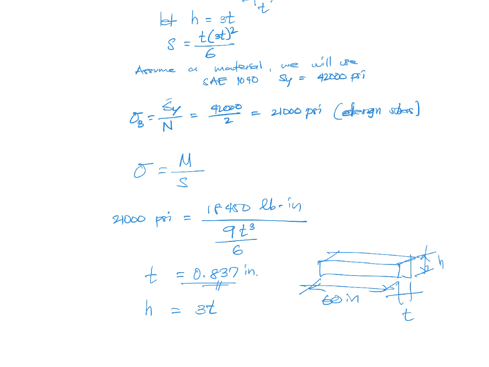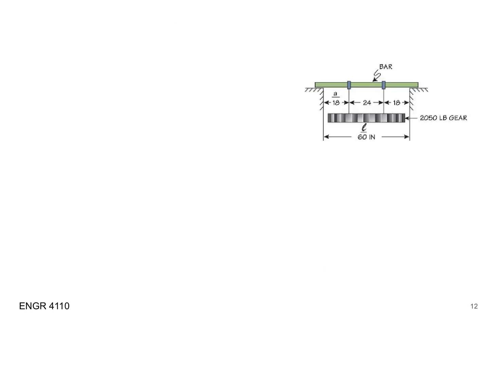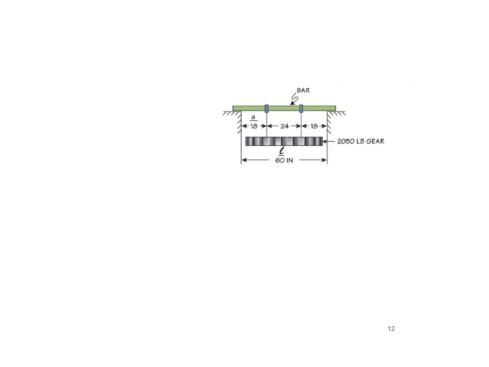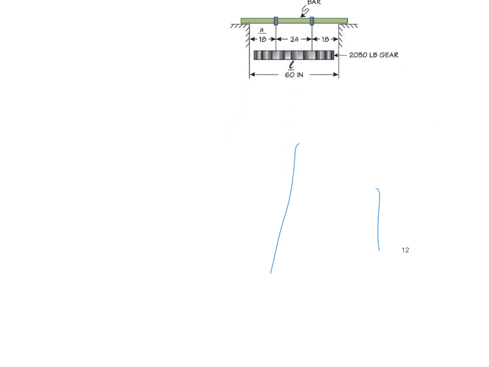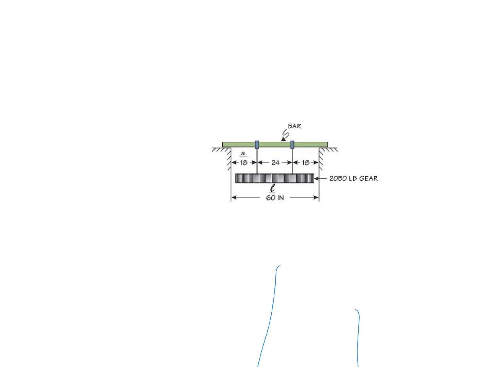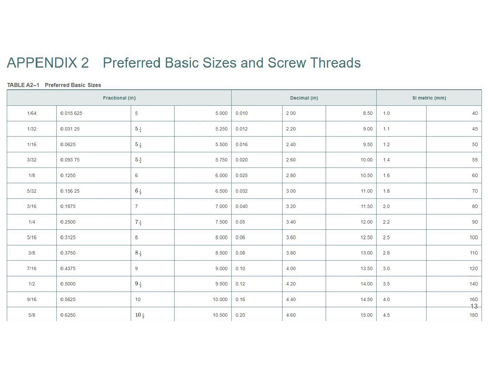Now the preferred basic sizes are standard sizes that may be available in hardware or from a supplier, in catalogs. And then I also want to talk about these preferred basic sizes.